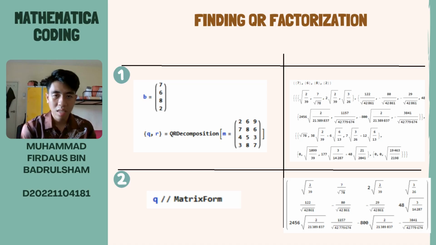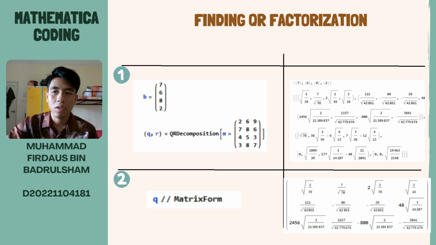As you can see, the first thing I do is QR equals QRDecomposition[M], where M is the 4 by 3 system. Then after performing the QR decomposition, I specifically call the matrix Q and apply it in matrix form.